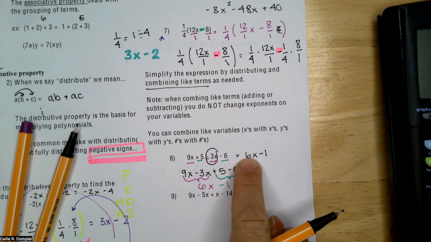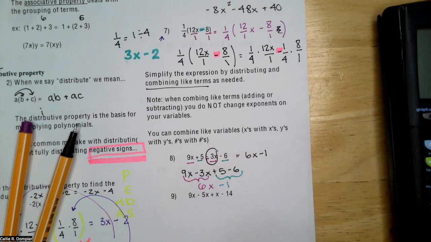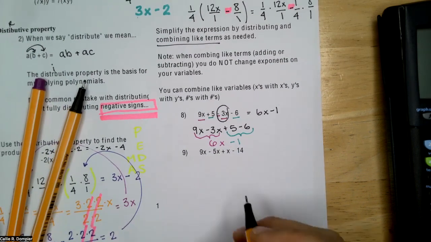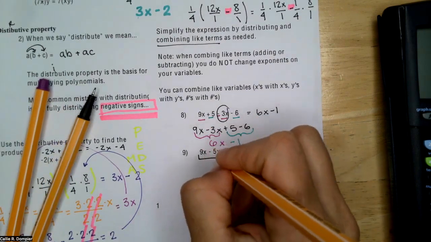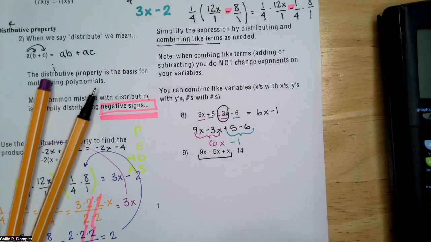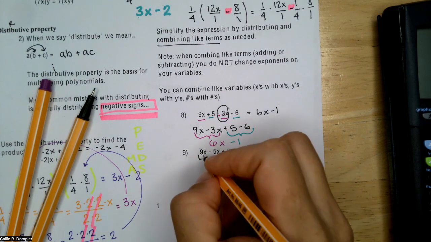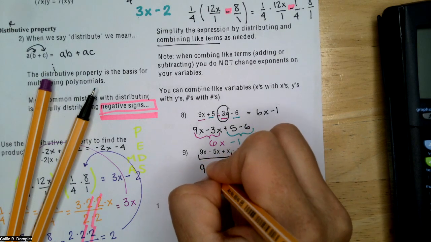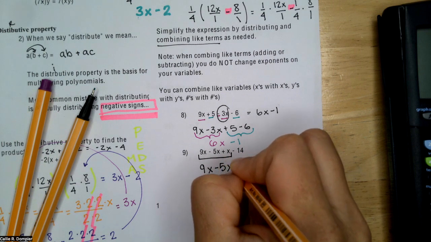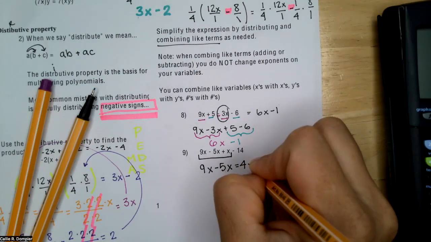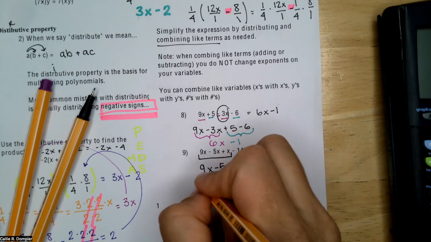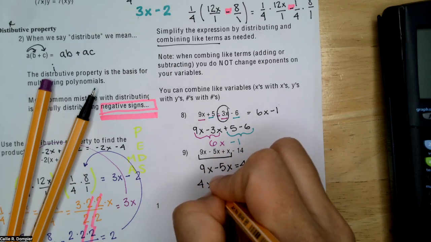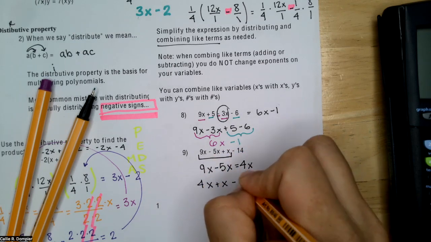9 minus 3 is 6. 5 minus 6 is negative 1. Checks out. Okay. Here, all of these are like terms, and then you're just going to be minus 14 in the end. So 9x minus 5x is 4x, right? So that is now 4x plus x minus 14.